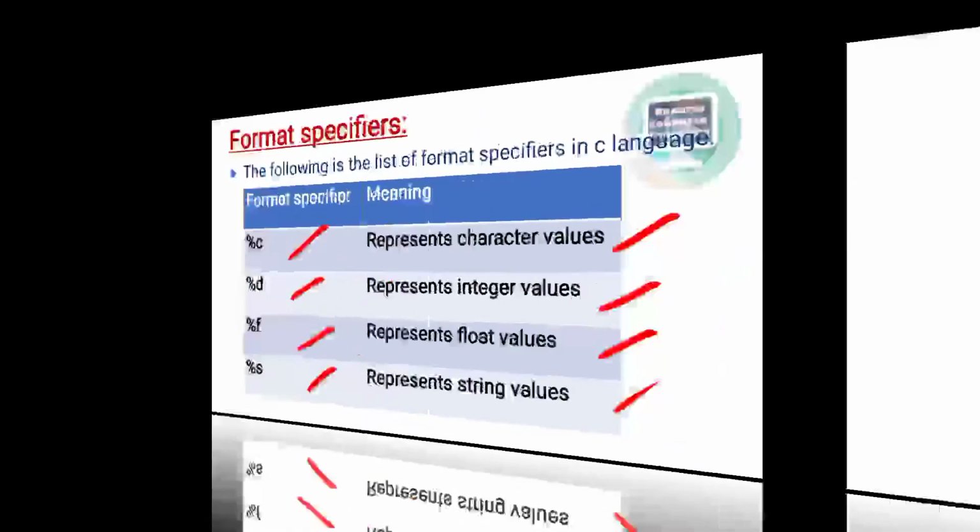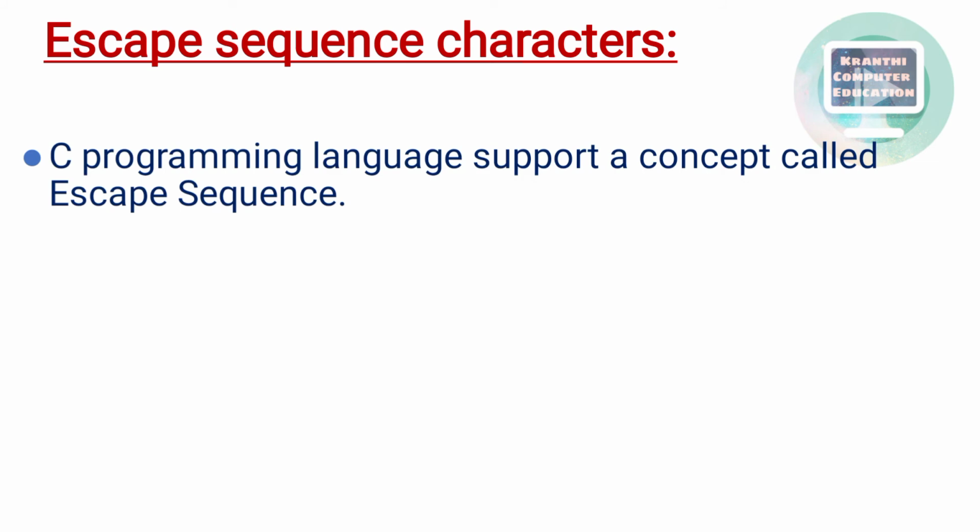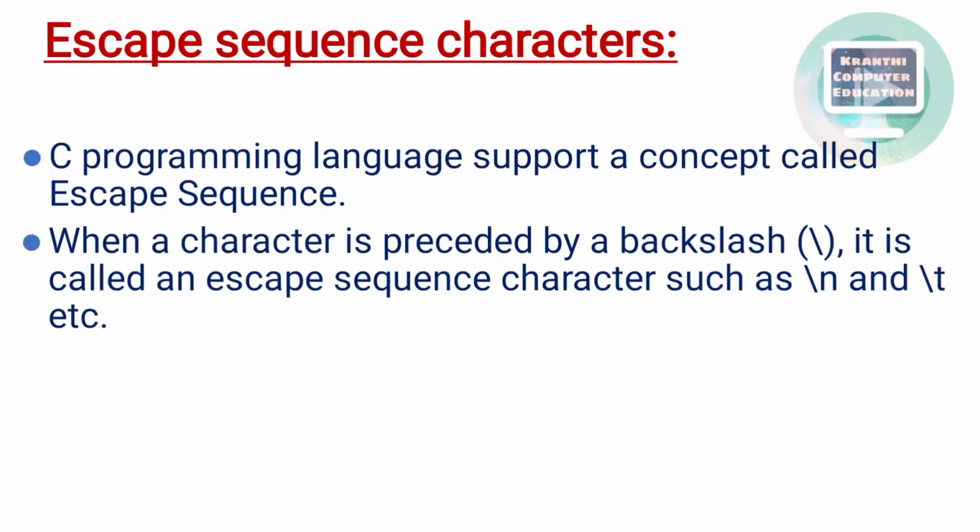Next, we will see what the escape sequence characters available in C language are. C language supports a concept called escape sequence. Many programming languages support these escape sequence characters. When a character is preceded by a backslash, it is called an escape sequence character, such as \n and \t.